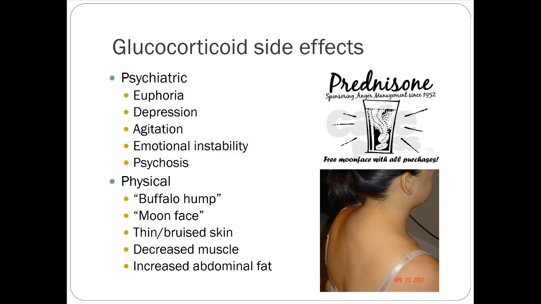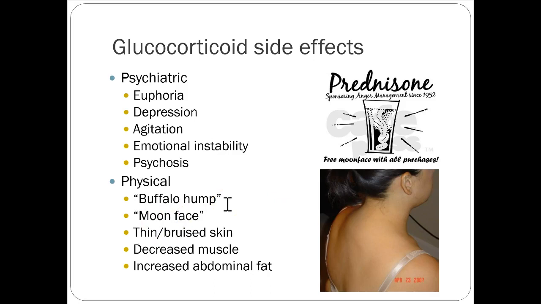Physical side effects, this is really a chronic thing. A short course of steroids over a week or two is not going to give somebody any of these. Months and months of immunosuppression on steroids, much more likely. So you get lipid distribution issues, including these nicely scientific terms, which is actually what they're referred to: the buffalo hump, which is a fatty deposit behind the neck, and moon face, which is basically just having a more circular face because of the way the fat's distributing.